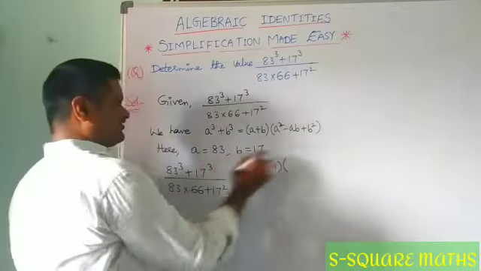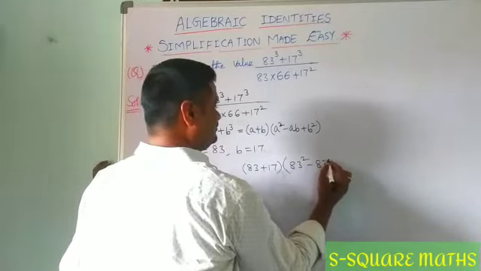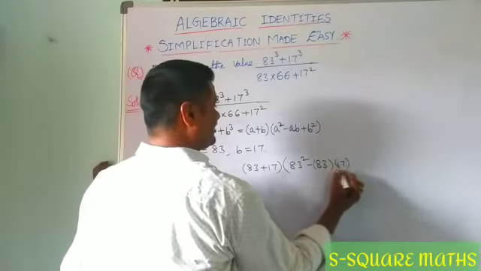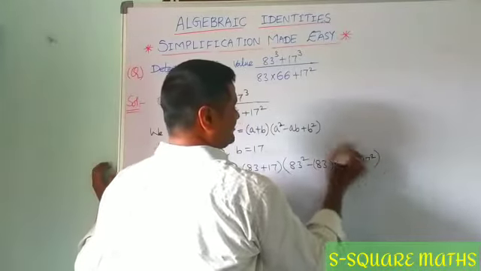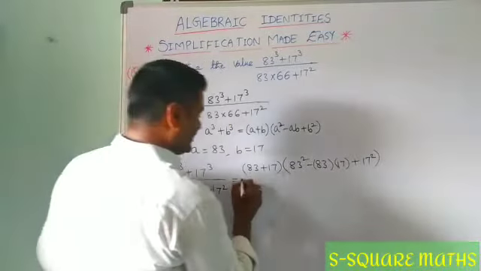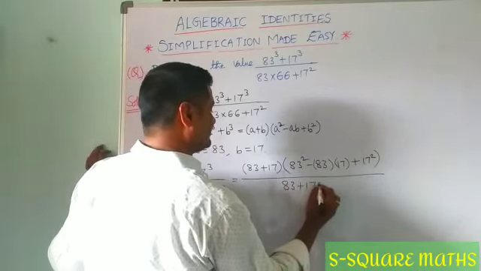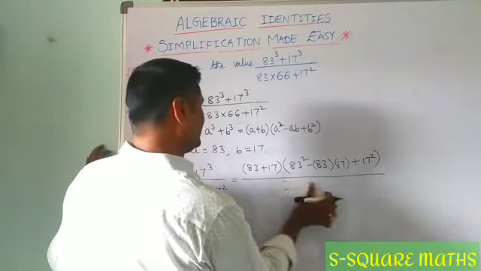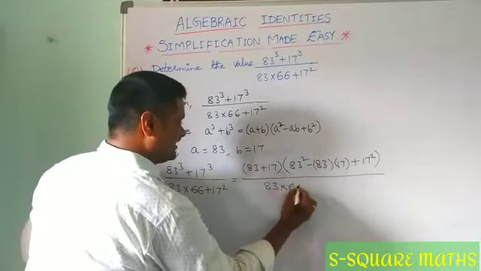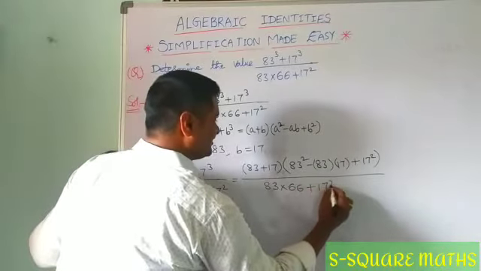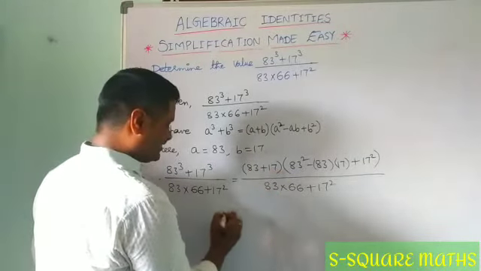Next a squared, a is 83, so 83 squared minus 83 into 17, because ab is 83 into 17, plus b squared, nothing but 17 squared, by the remaining part, 83 into 66 plus 17 squared. Now 83 plus 17 gives you 100.